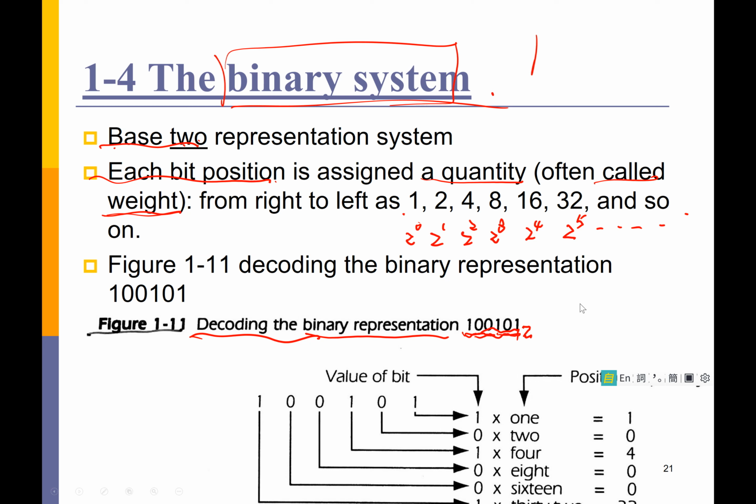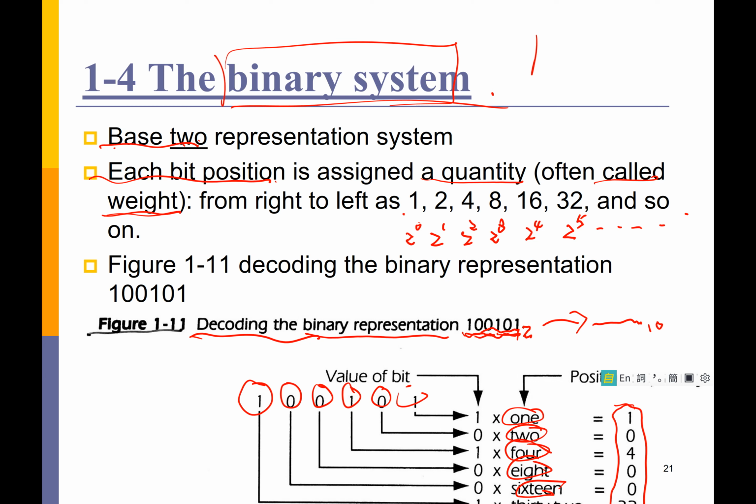To translate this into the decimal, or base 10, system, each digit is multiplied by its weight, 1, 2, 4, 8, 16, 32, etc., and then you sum all these results.